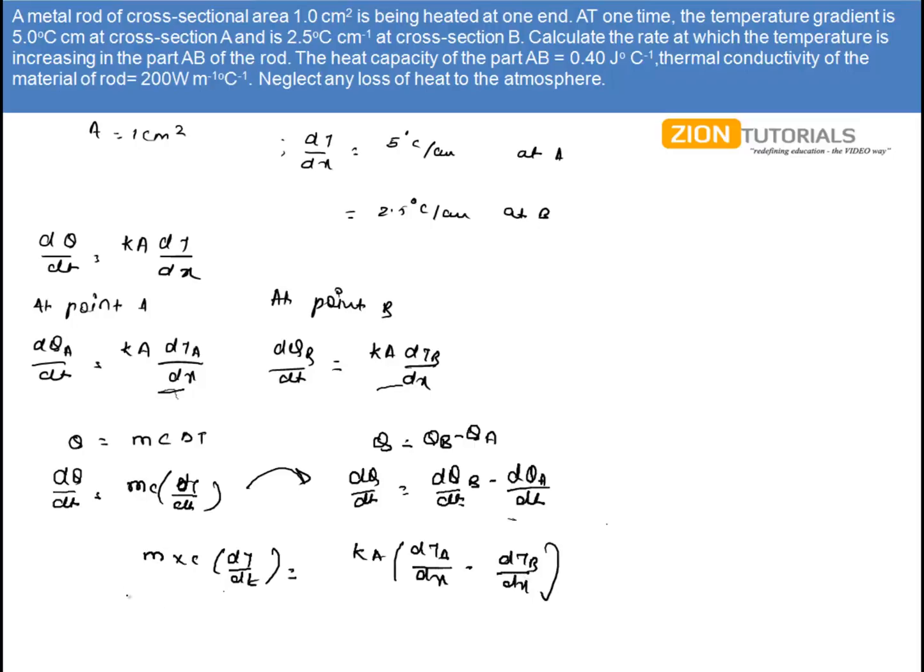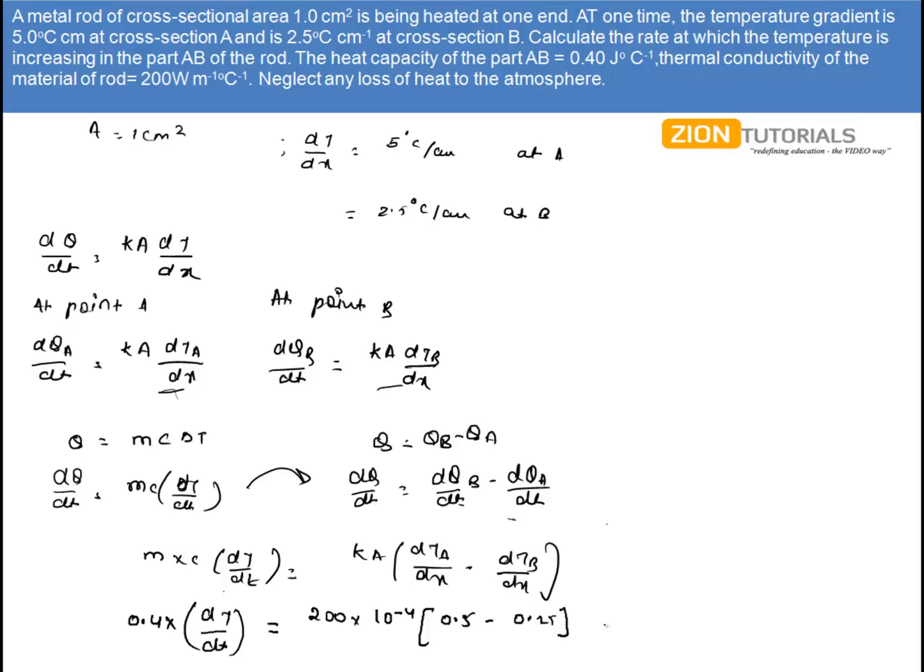Substituting the values, I have the value of heat capacity as 0.4, into dT by dt that I have to calculate, is equal to K, that is given by 200. Area of cross section is 1 centimeter square, 10 to the power minus 4, and dTA by dx is 5 degrees Celsius per centimeter, so it will be 0.5 degrees Celsius per meter, and similarly for B.